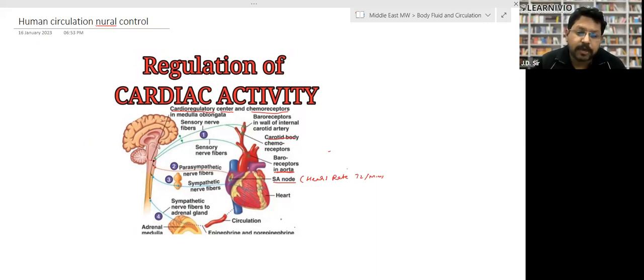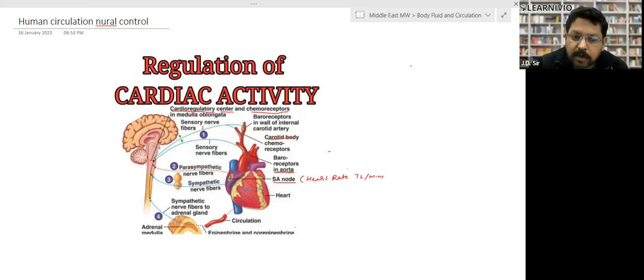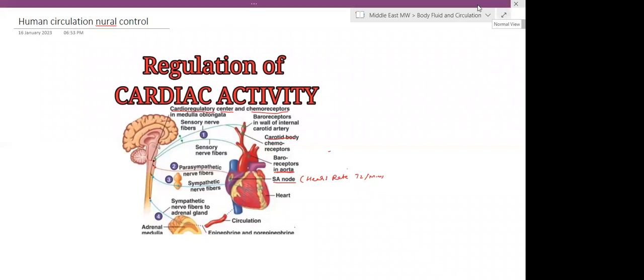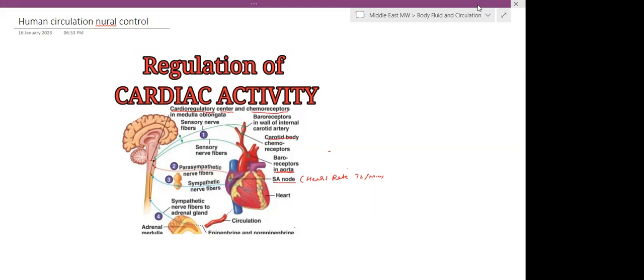So did you get that? How does the regulation of cardiac activity take place? And what are the sympathetic and parasympathetic nervous systems? Look, can you control your heart rate? No. These are automated commands that we cannot control.